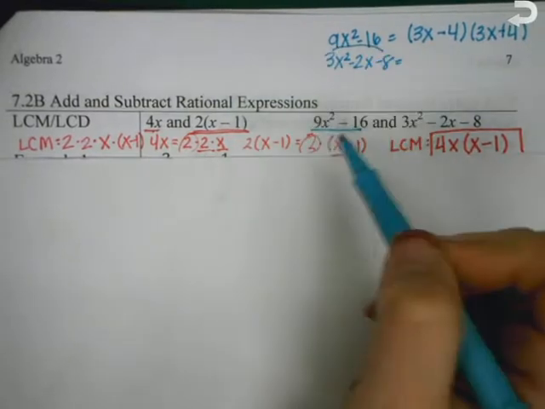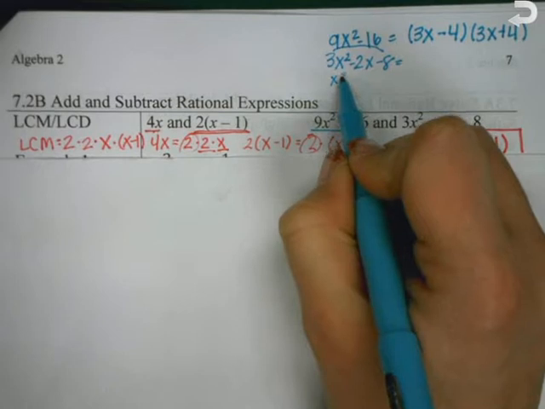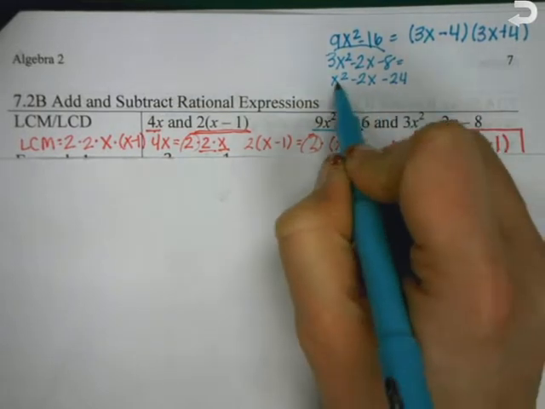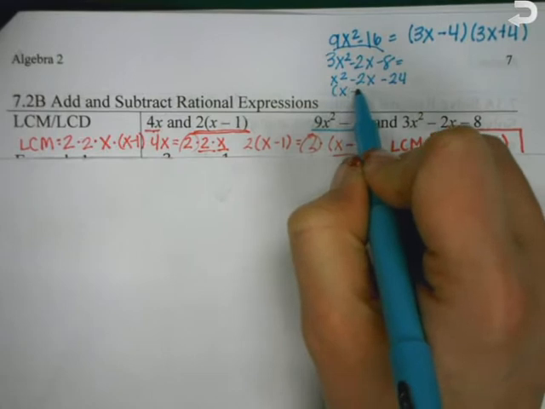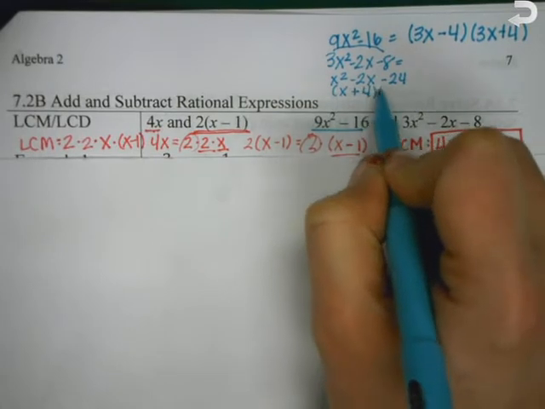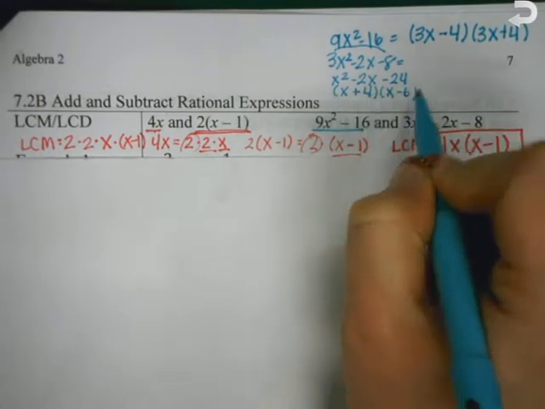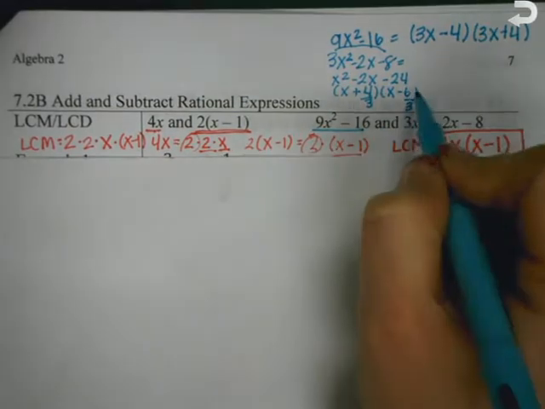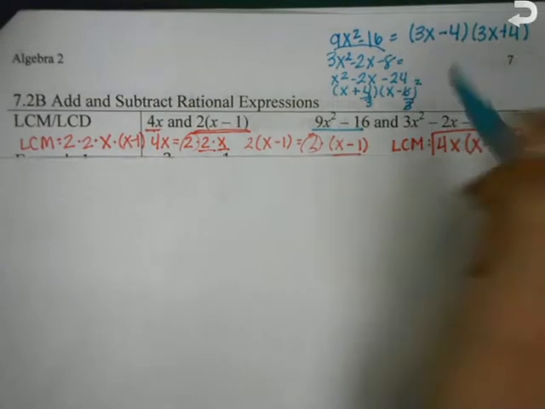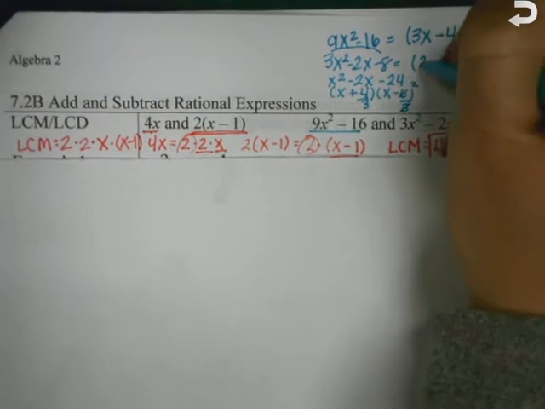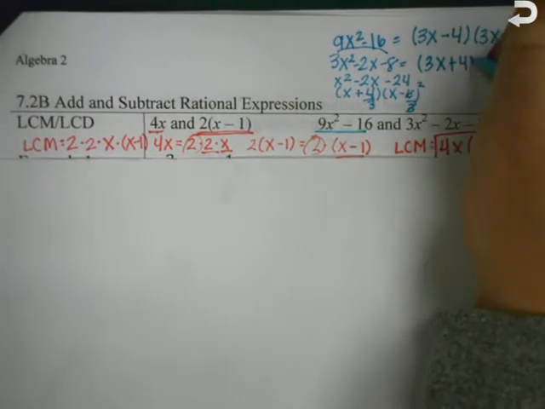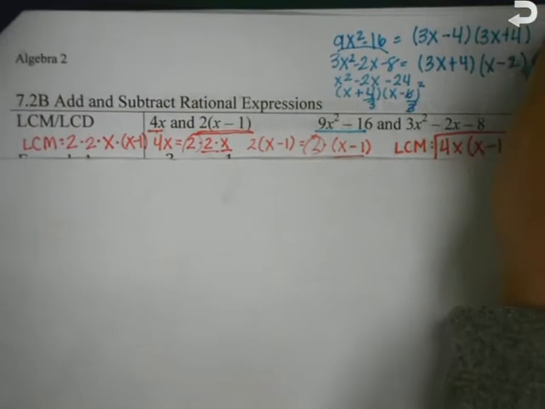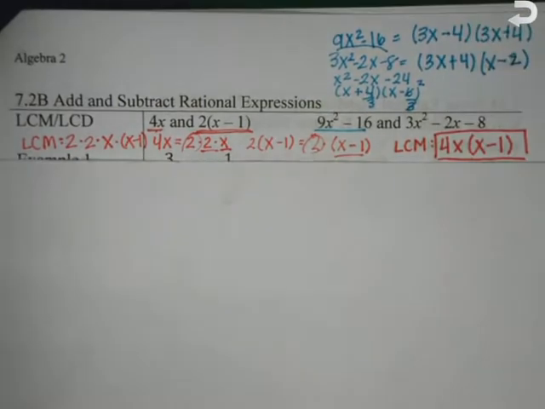So we have x squared minus 2x minus 24. That is x plus 4, x minus 6. Then we divide by 3. That reduces, so the factored form is going to be 3x plus 4 times x minus 2, correct? We bring that bottom up.